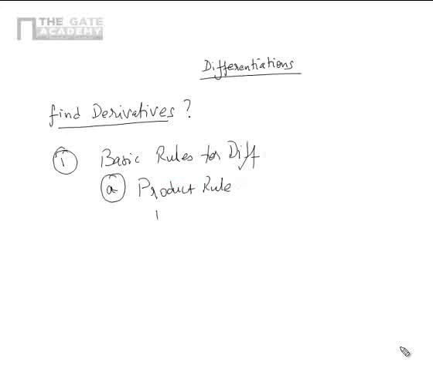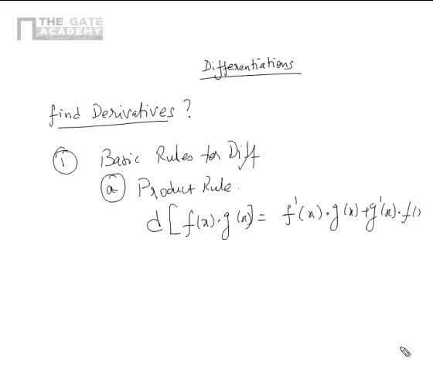That is, if I have to differentiate f of x into g of x, I will get f dash of x into g of x plus g dash of x into f of x.